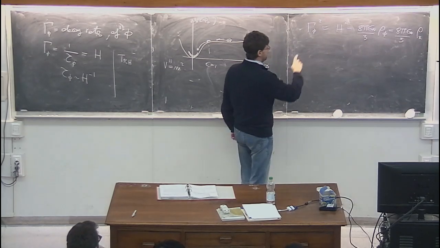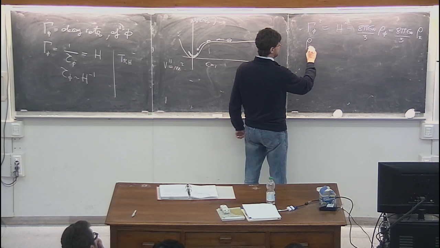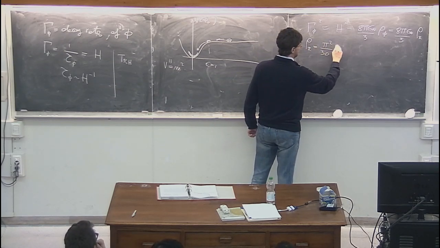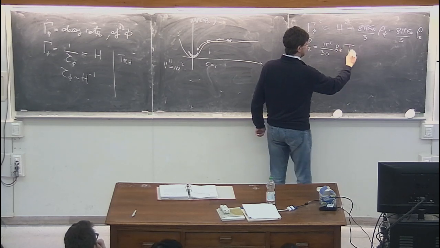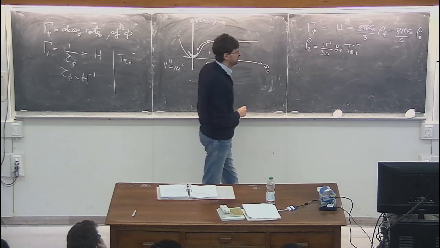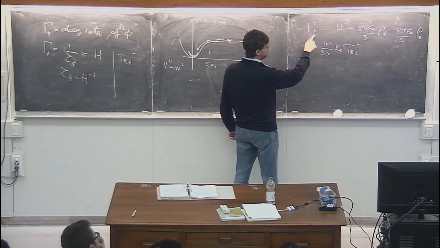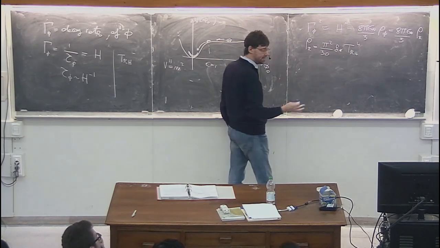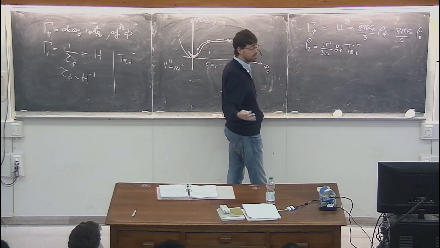Okay? But now what is rho r? Rho r is pi squared over 30 g star times T reheating to the 4. Okay? So from here you see that if I know Gamma phi, I can derive what is the reheating temperature, that will be the temperature at which the radiation phase starts.